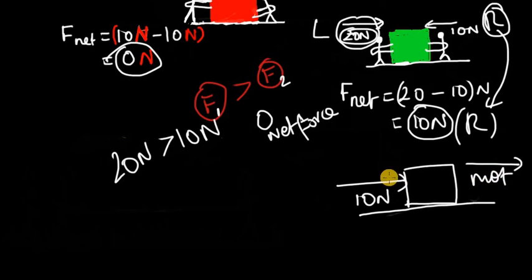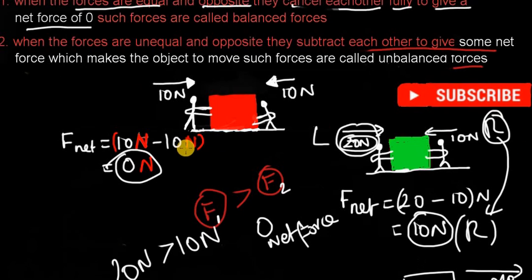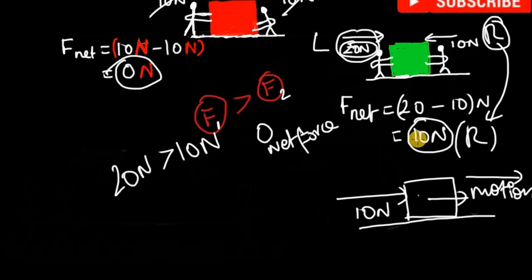In this case, as the force is towards the right, this object will also move towards the right. So these are unbalanced forces. Unbalanced means they do not balance each other fully. In the earlier case they cancelled each other out fully so that it was zero, but here it's not balanced, it's unbalanced. One is much bigger and one is much smaller.